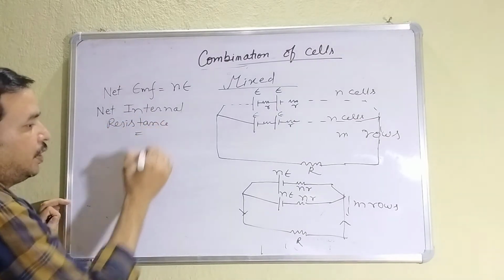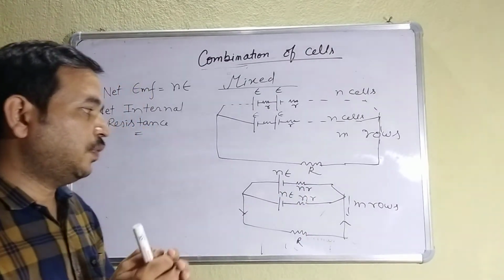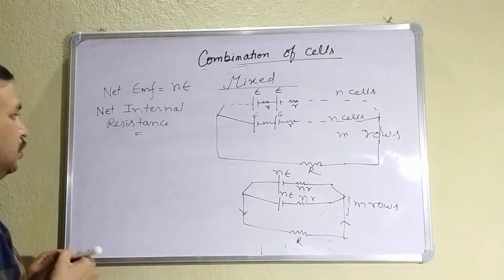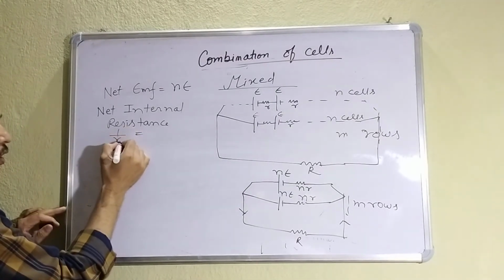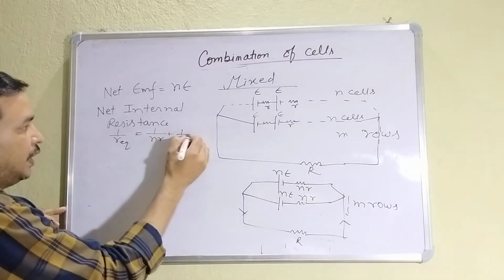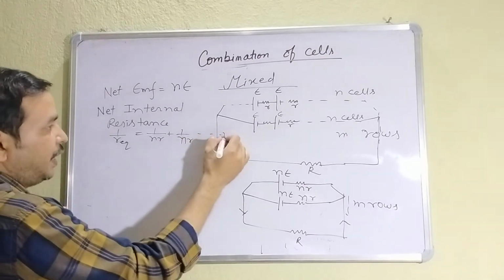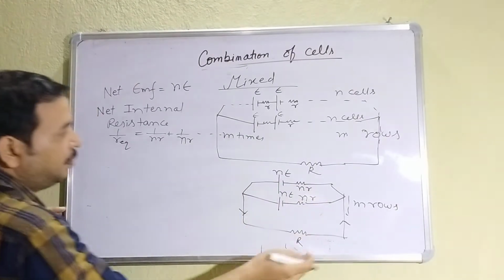What will be the net internal resistance? Just now we have derived internal resistance. You have to find the net in the same way as the parallel combination of resistors. So you can find it this way also: 1 by nr plus 1 by nr, this is m times. m rows are there, so it will repeat m times.